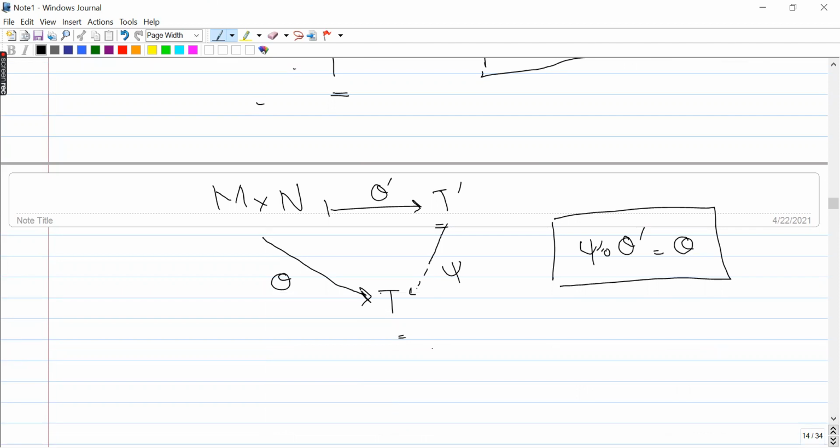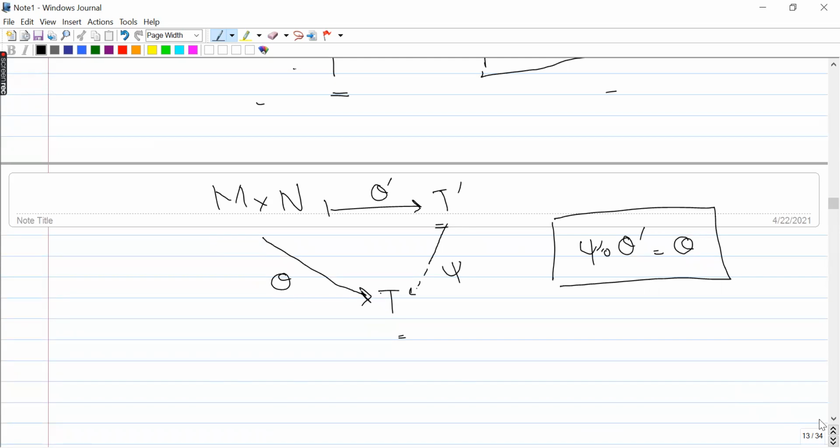Okay, now I want to show this. Also, we know that the universal property tells us that these maps are unique maps.